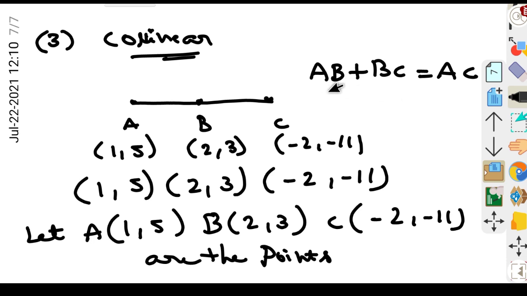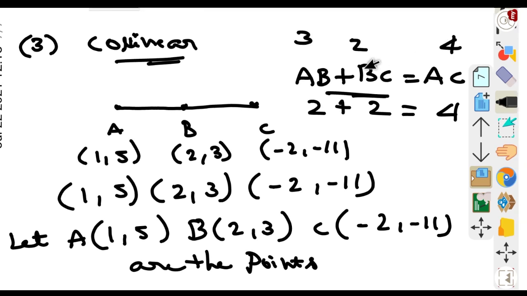For example, if you got AB as 2 and BC also 2, then AC should be equal to 4, since 2 plus 2 is 4. Then we can say that these three coordinate points are collinear. So find the distance between AB by using the distance formula and keep the answer there, next find the distance between BC and keep the answer, and also find the distance between AC and keep the answer.